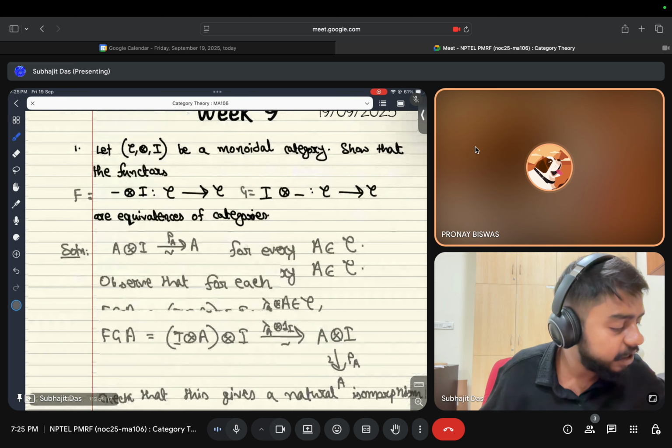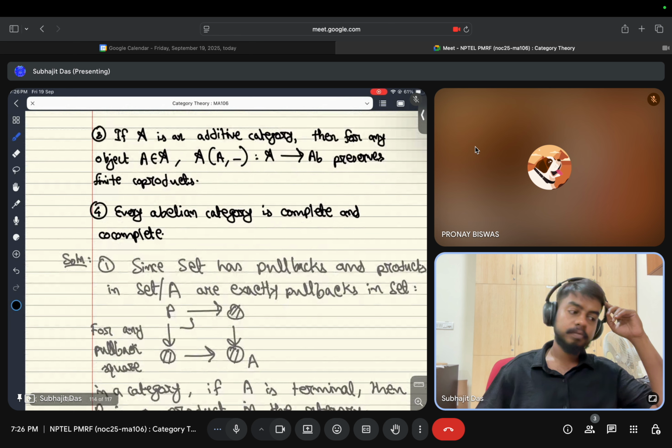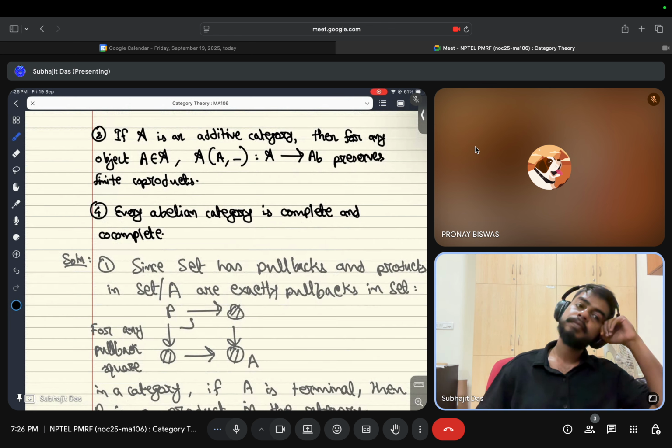So what does that mean? So what do you think? What can we say for sure that is true for any abelian category?